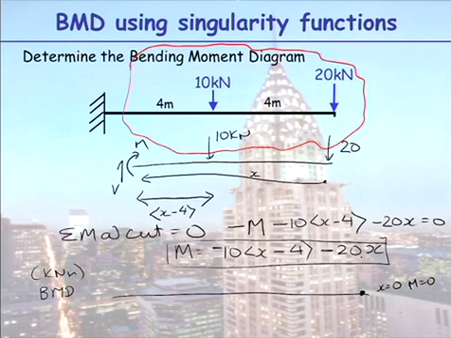When x is equal to 4, what's my bending moment equal to? Minus 80. And when x is equal to 8, what's my bending moment equal to? Minus 160, minus 40, minus 200.